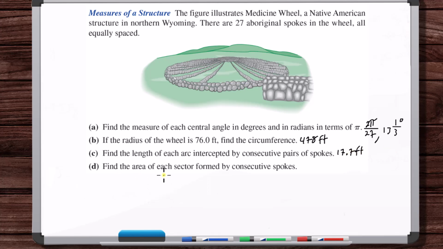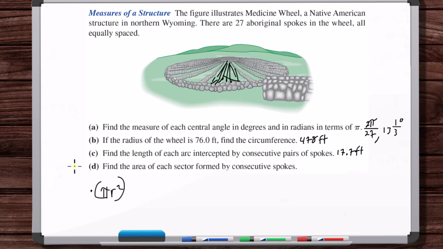Okay, find the area of each sector formed by consecutive spokes. So like this area. Well, what's the area of a sector? You should be able to derive the area of a sector from scratch whenever. It's easy. The formula is a little bit simpler with radians, so let's do it in radians. What's the area of a full circle? Well, that's pi r squared.